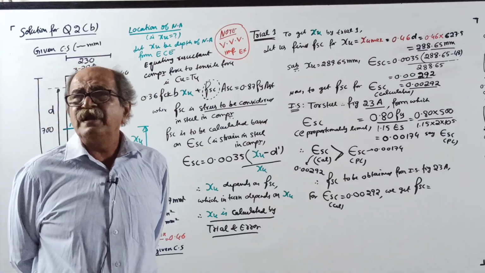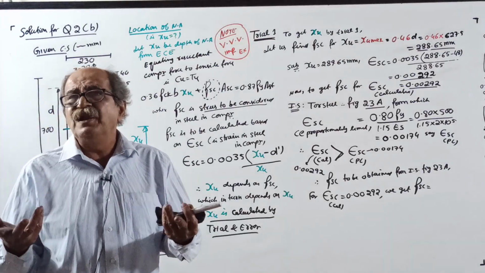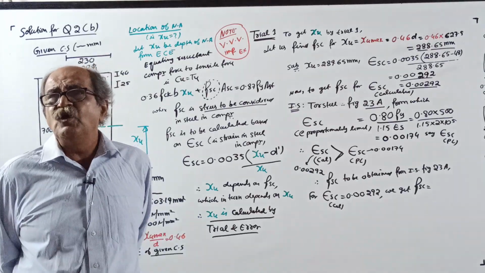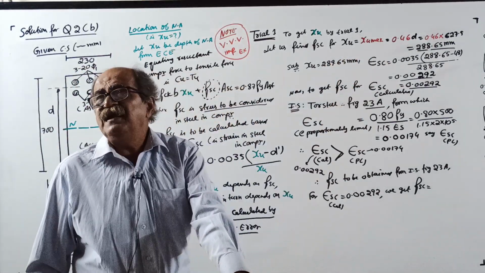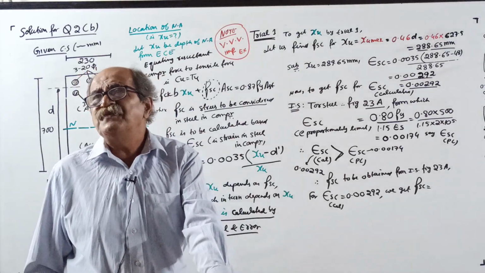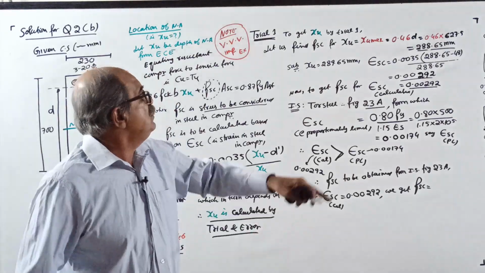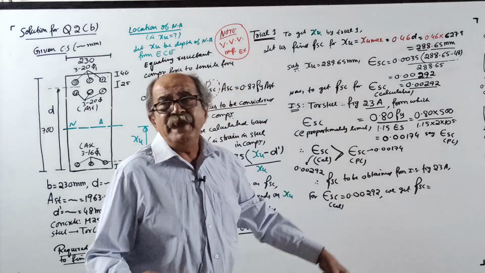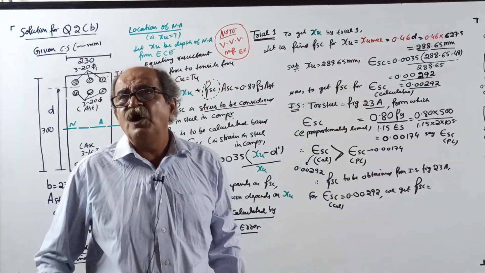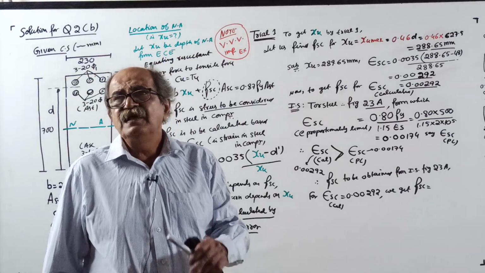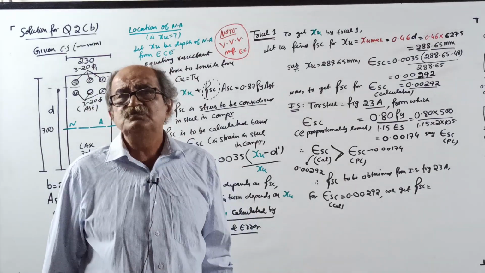In case it is over reinforced, the first trial only is enough. Why? Initially you consider XU max, you will get XU more than XU max, which means equal. What you assume in the beginning, it will repeat. But if it is under reinforced for torque steel, then the number of cycles will be more.